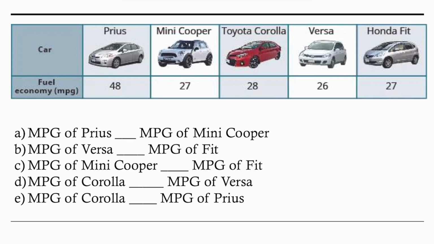So in this one, I've got some pictures of some cars. And so we're just going to be using these inequality symbols to represent these expressions. So the expressions aren't numerical in nature. We're doing this kind of qualitatively. And so we need to first determine what the MPG of each car is, and whether that has some comparative relation to the MPG of a different car.